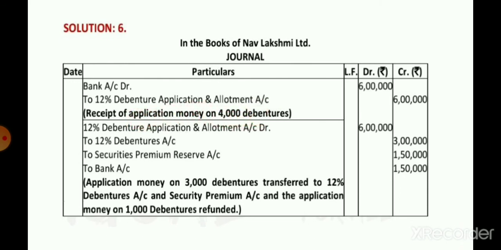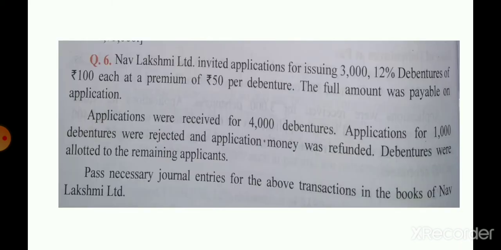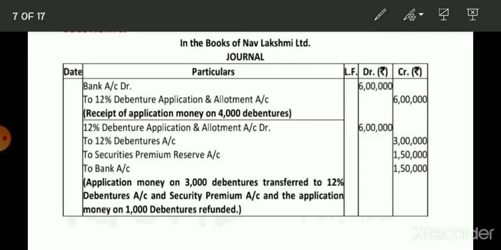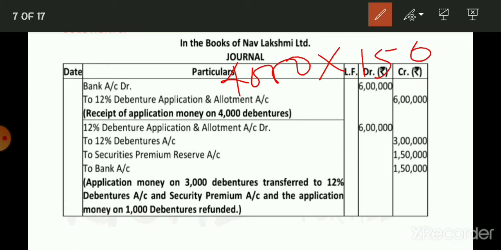The money received on 4,000 debentures with premium. How much is the premium? 50. So, you have to multiply 4,000 with 150 rupees. Okay. And in the debenture account you have to transfer how much?